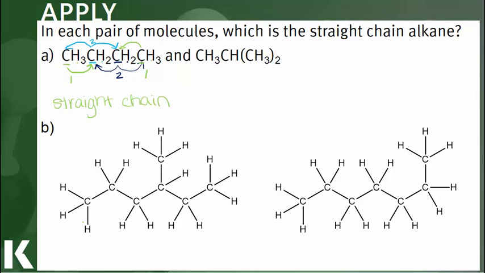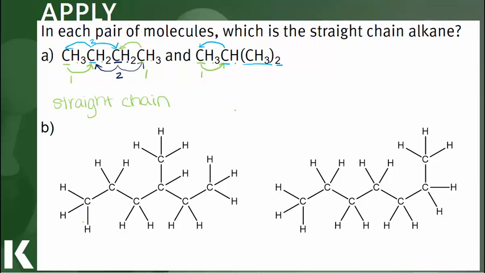Let's look at the other molecule in this pair, though. The first carbon, like the other molecule, is bound to 3 hydrogens and the carbon that comes after it for a total of 1 bond to other carbons. Carbon 2, however, is only bound to 1 hydrogen, and this should get you thinking that something's a little different here. So carbon 2 is bound to the carbon before it, and then you see we have this parentheses with a subscript of 2.